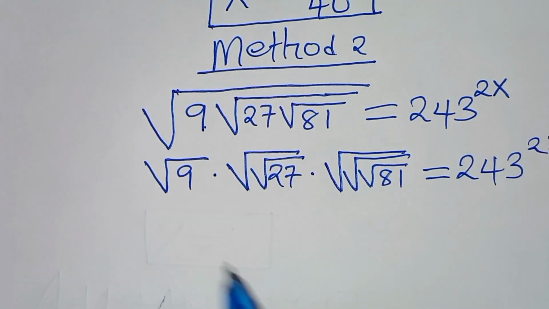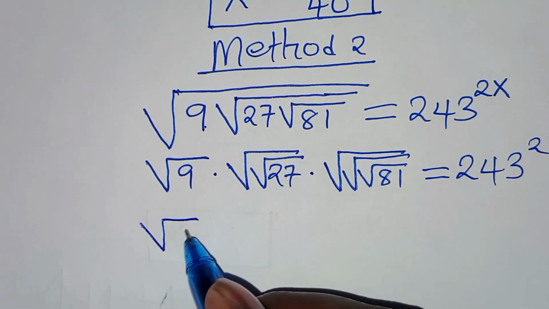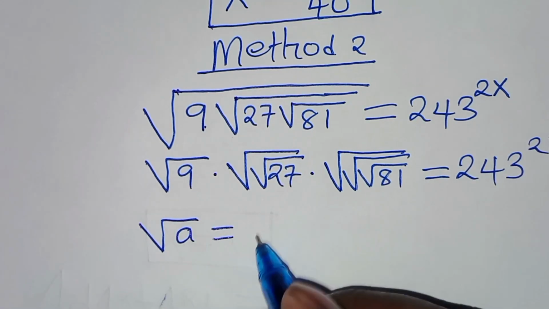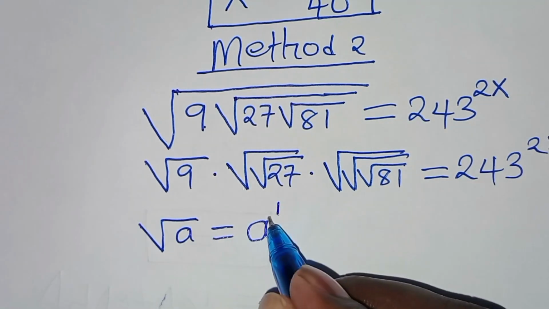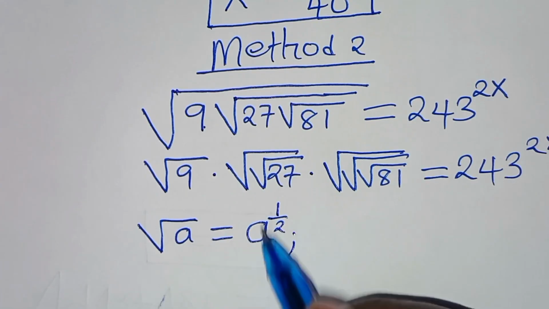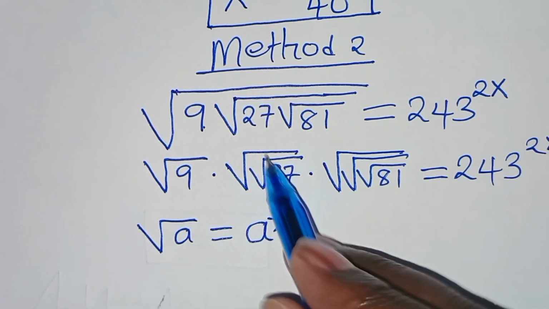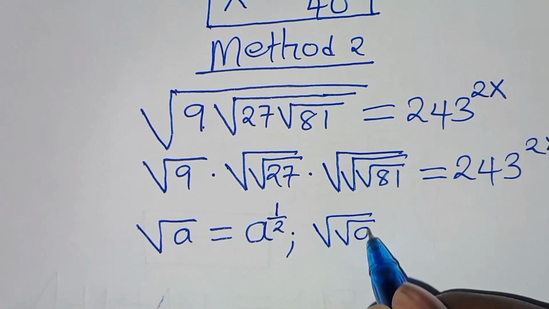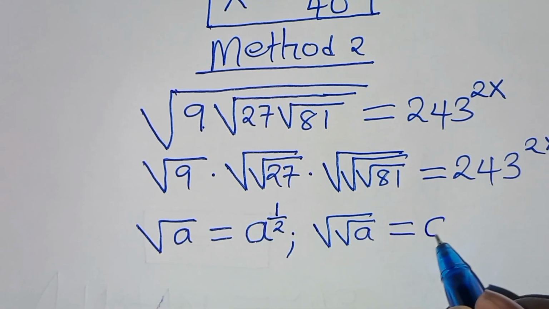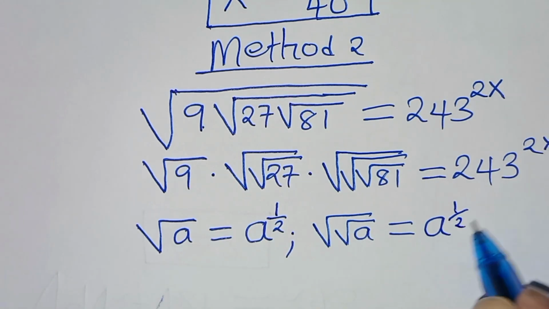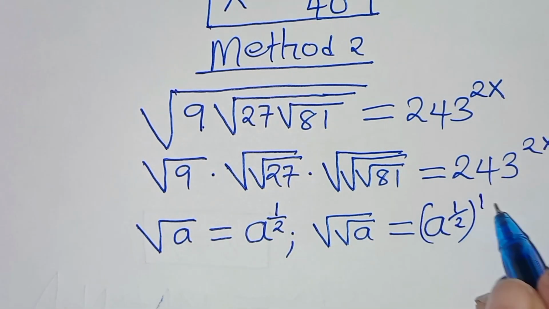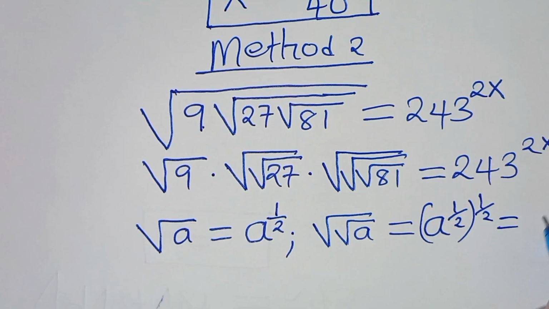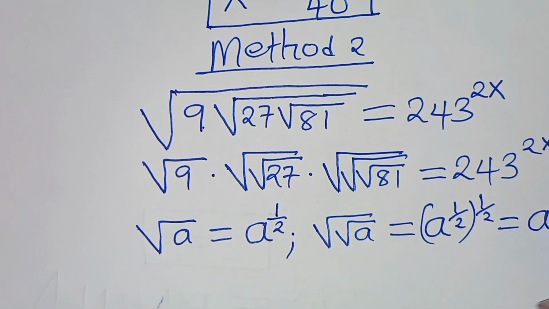The next step from here, if we have the square root of a, this is the same thing as a raised to power half. Again here, if you have the double square root sign, the square root of a is the same thing as a raised to power half, which is equal to a raised to power 1 over 4.